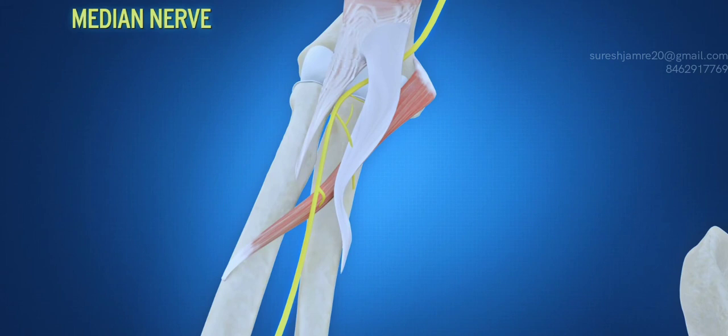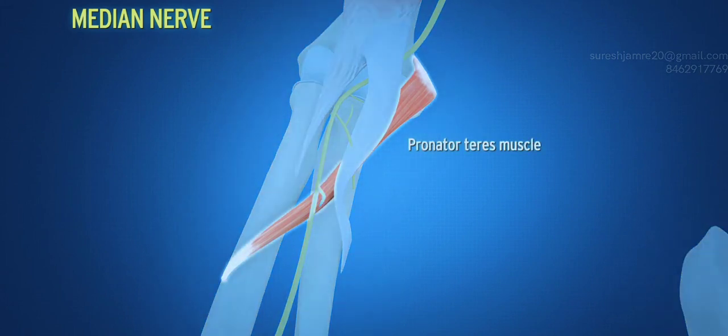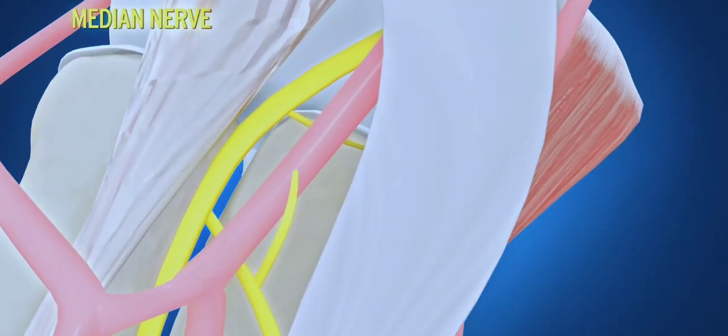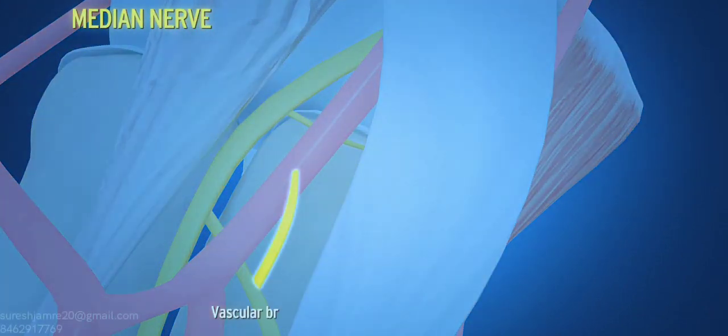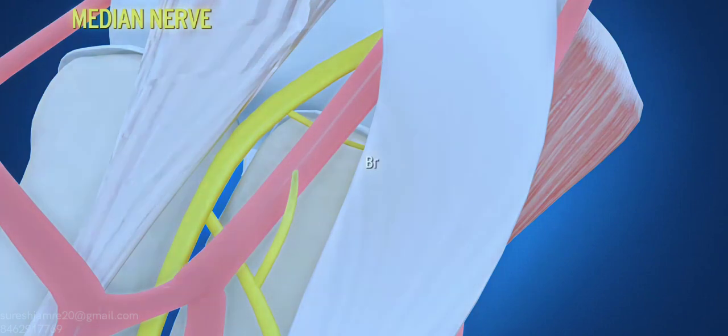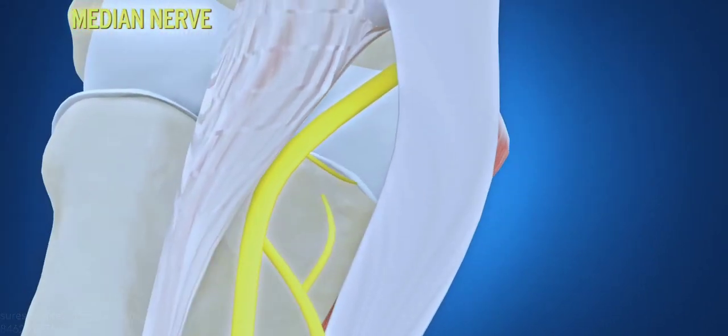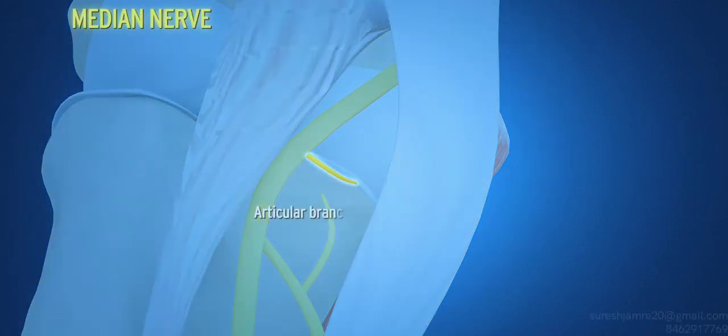In the arm, median nerve gives the branch to the pronator teres muscle and provides vascular branches to the brachial artery. It also gives an articular branch to the elbow joint.